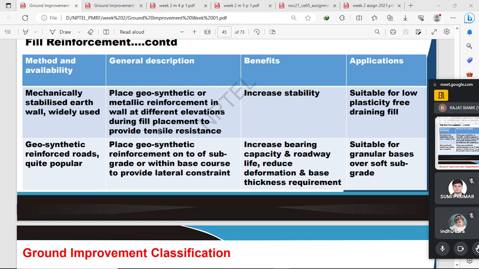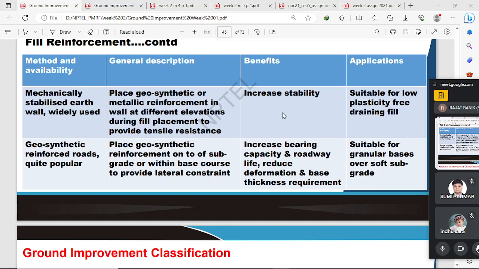We know that soil is good in compression but weak in tension and shear. In this wall, we increase the tensile resistance of the soil, which can resist the soil pressure to a good extent and also take the tensile load from the structure.